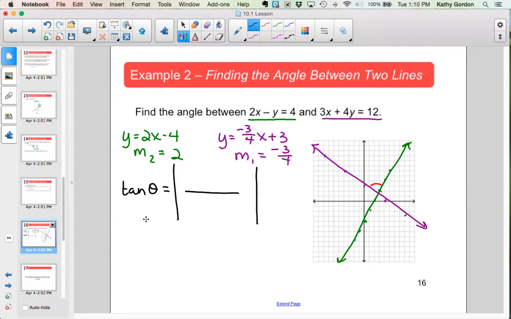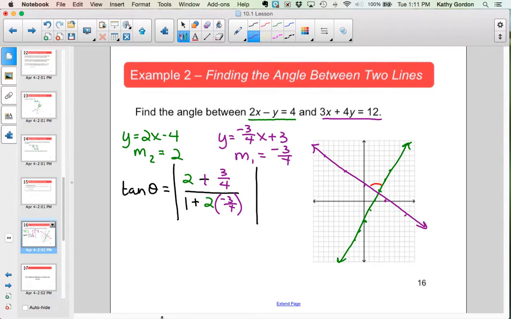What's going to go on the top? 2 plus, because it's minus negative 3/4, so the minus and the negative are going to become plus. Let me get that. Right? And then in the denominator, plus, because if it's minus on top, it's plus on the bottom. 2 times negative 3/4.